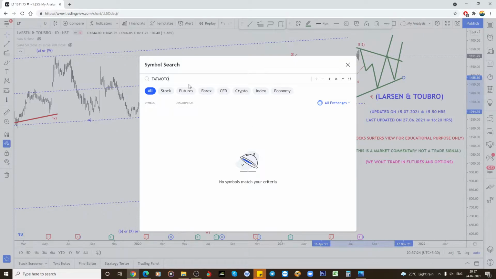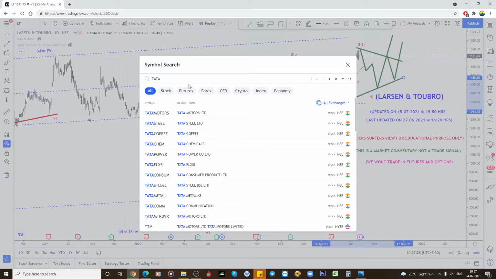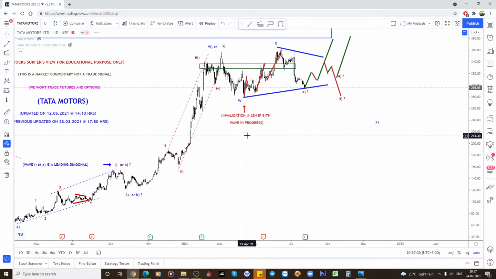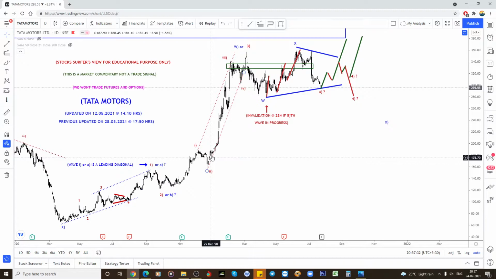And we will move on to the automobile sectors, Tata Motors. So Tata Motors, Ashok Leyland, everything the same, no change. The same plan we have to work. So whether this is the fourth wave, it is to make an irregular flat and again it can bounce, and I have already bought at the 300 zone.